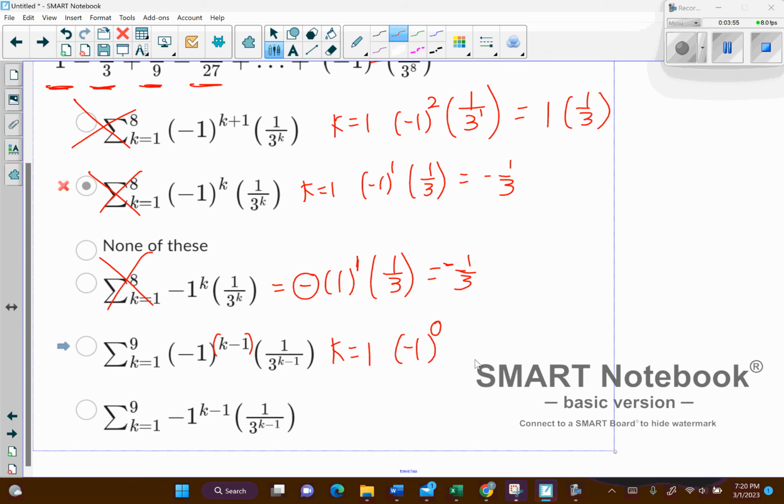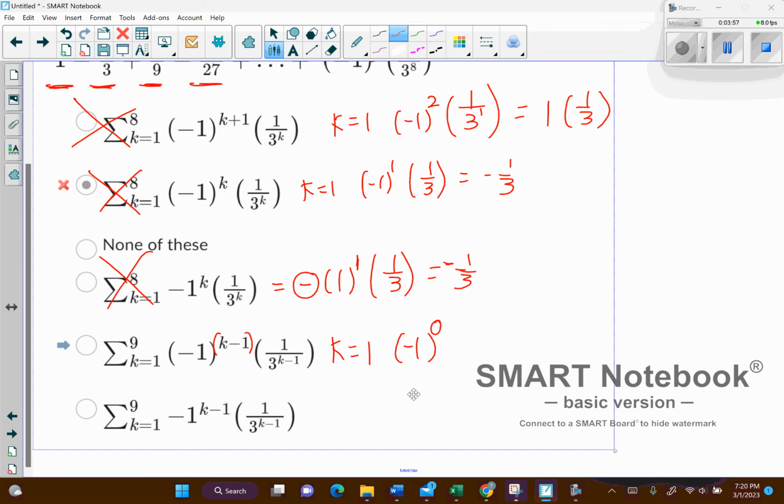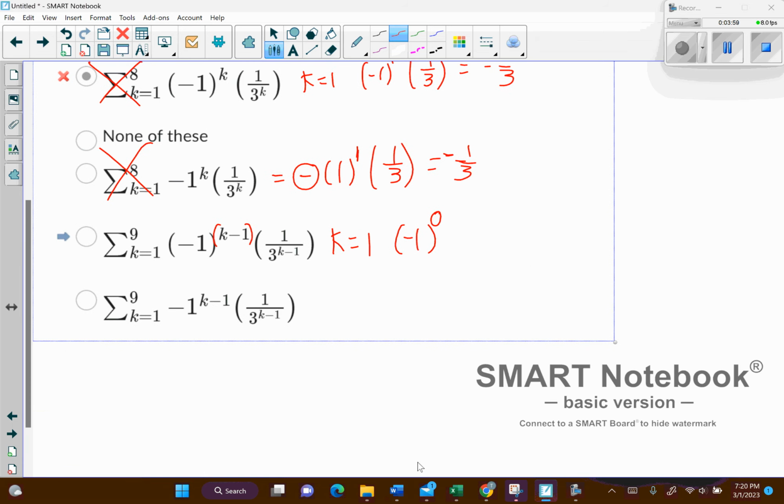And then in the denominator, we would get 1 over 3 to the power of 0. Anything raised to 0, except for 0, which we're not going to run into, is going to be 1. So that turns into 1 times 1 over 1, which becomes 1.